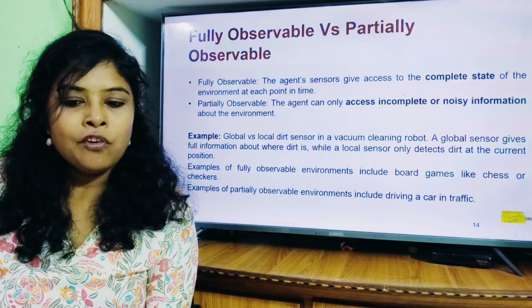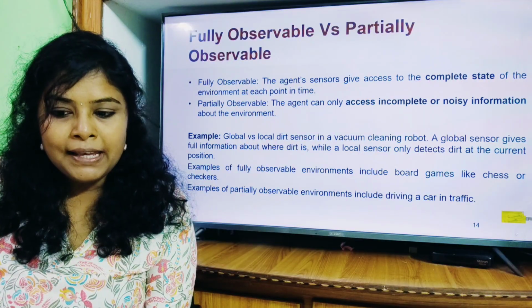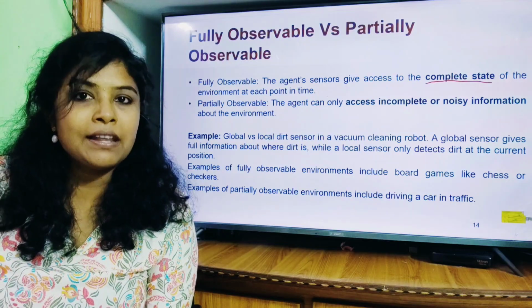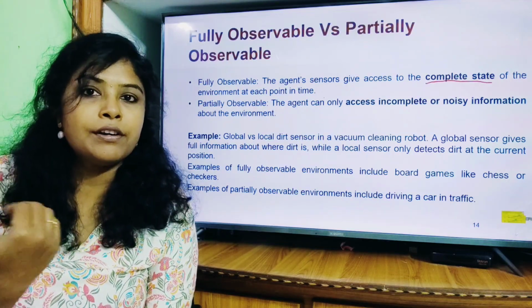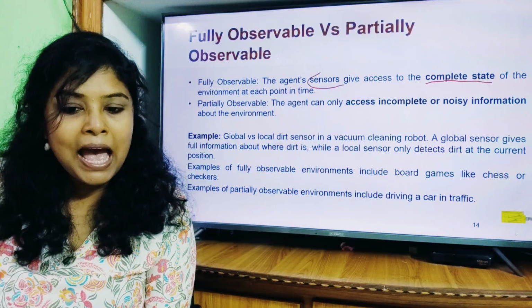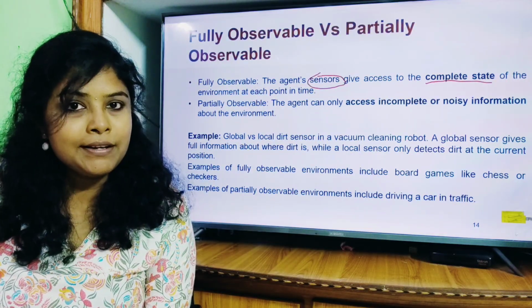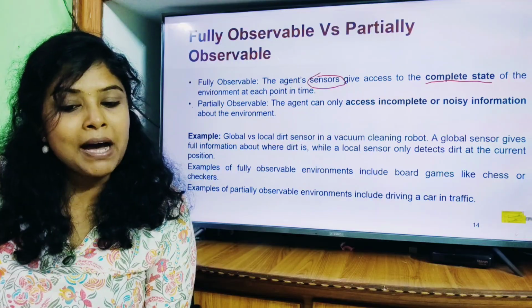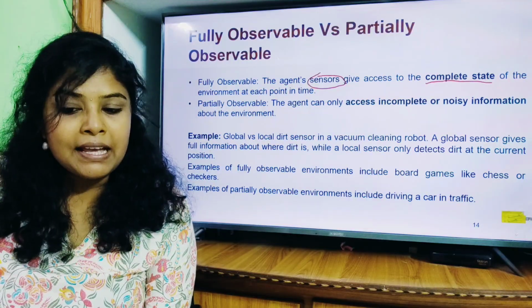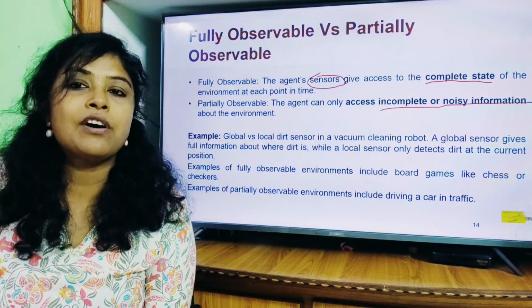So here, fully observable says that the complete state of the environment is known to the agent through the sensors at each point in time, not at a later point in time. Consider partially observable. The agent can access incomplete or noisy information.